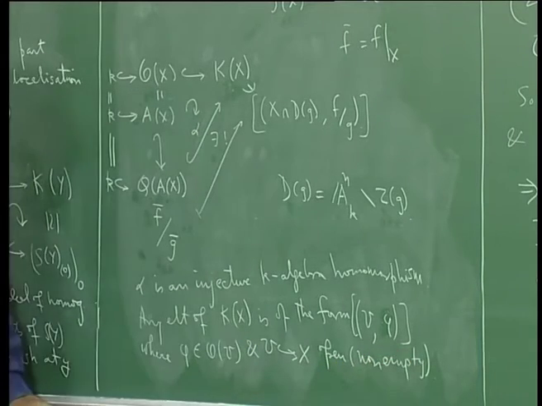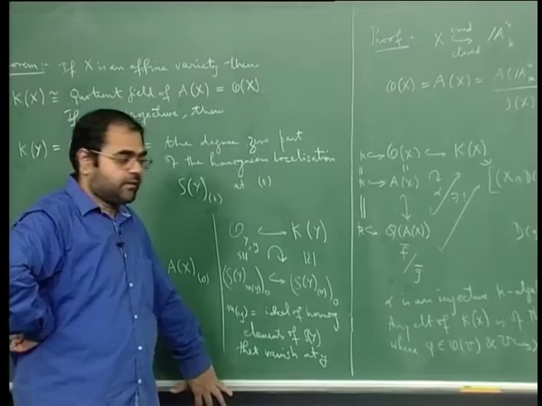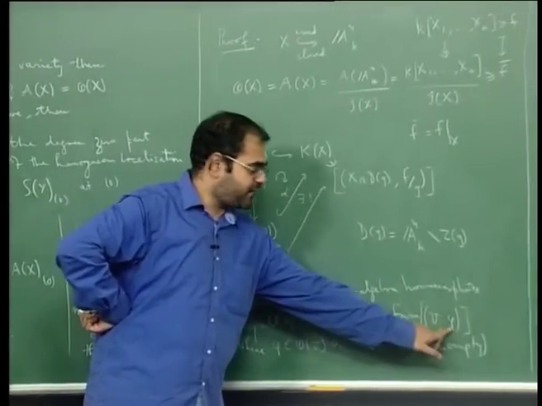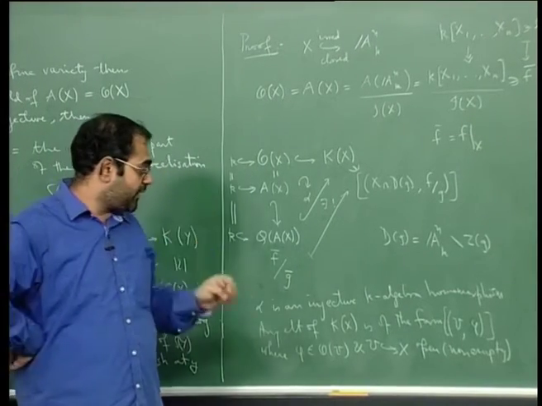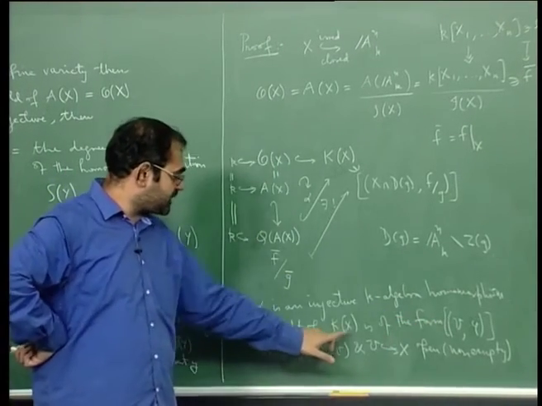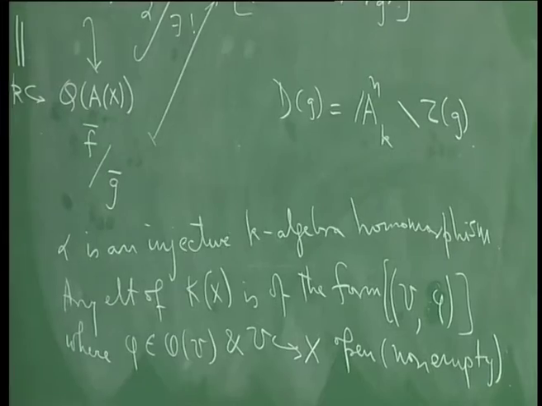I mean this is how we define Kx. It's equivalence classes of pairs consisting of an open set and a regular function on that open set, okay, and this open set has to be taken to be an open set inside X, right.